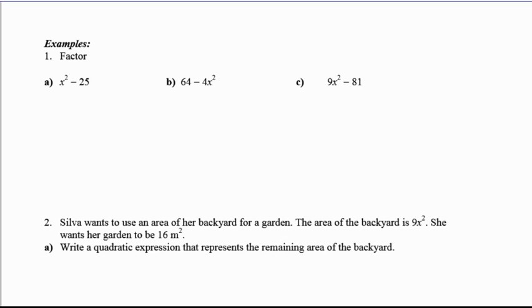Okay, let's take up some examples now. There's a reason why we teach these in the order we're teaching them. And the first thing is that we want to look for common factors in all cases. Then we want to look for perfect squares, or difference of squares. So first, inspect for common factors.